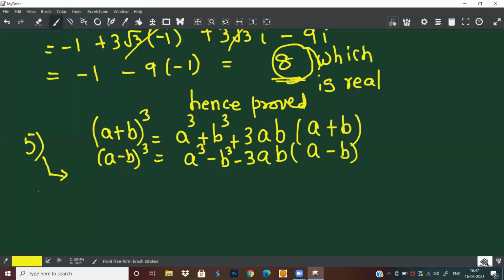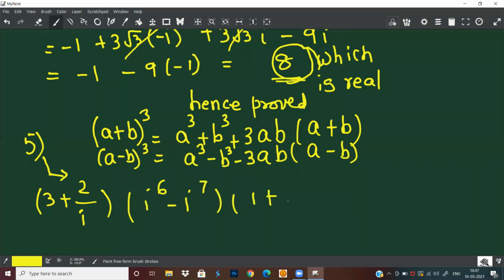Find (3 plus 2i) upon (i raised to 6 minus i raised to 7, 1 plus i raised to 11). Go ahead.